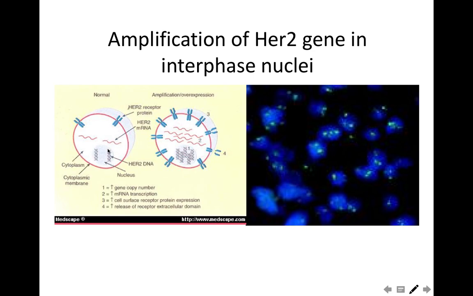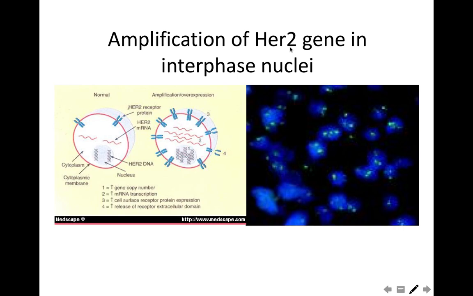One maternal and one copy paternal. If amplification of the gene happens, meaning increased copy number of the gene, as happens in cancer cases for example, then I can check this by using a probe against a locus of this gene.